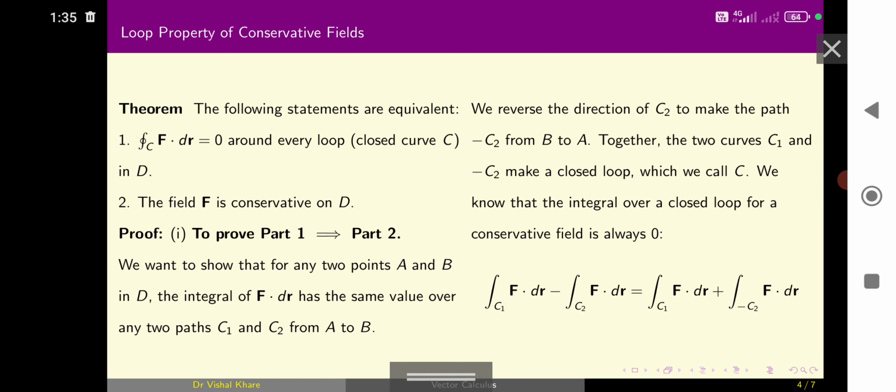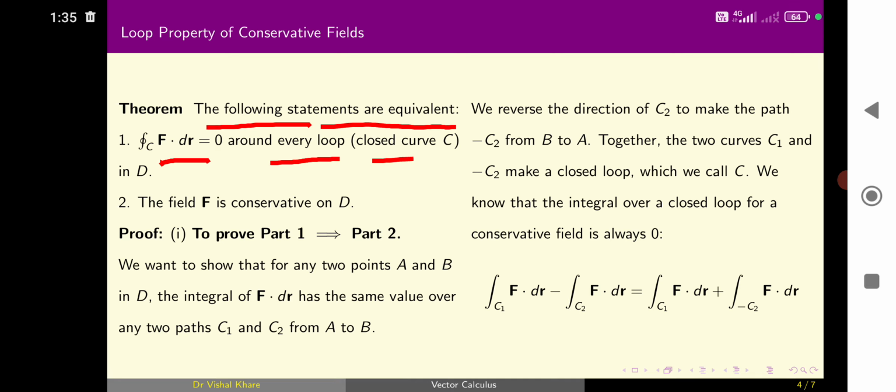Loop property of a conservative field. Theorem: the following statements are equivalent. One, the integral of F dot dr along a closed curve C is equal to 0 around every loop, meaning every closed curve C in D. Two, the field F is conservative on D. So we are going to prove part 1 implies part 2.